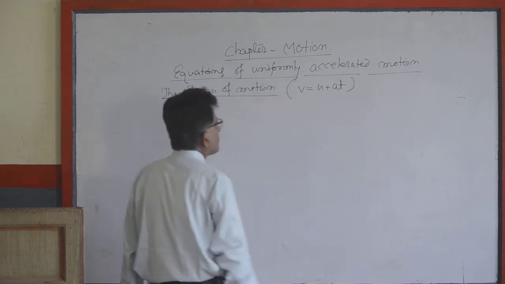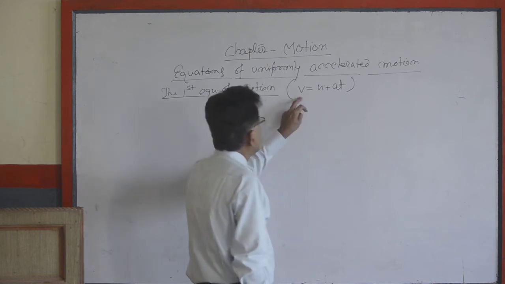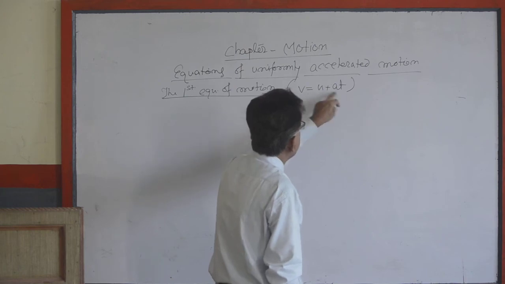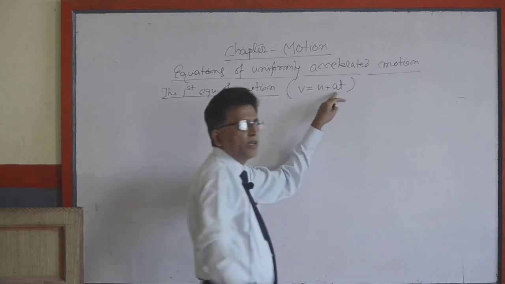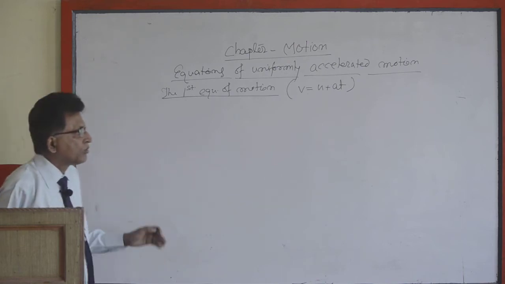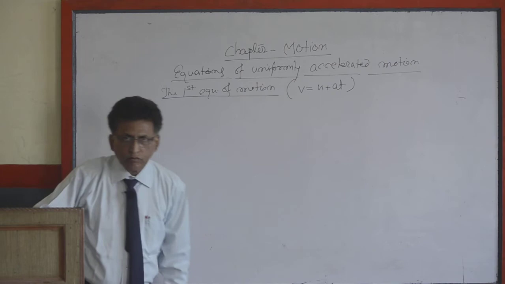You know from the previous lesson, v equal to final velocity, u equal to initial velocity, a equal to uniform acceleration. Now we prove these equations.